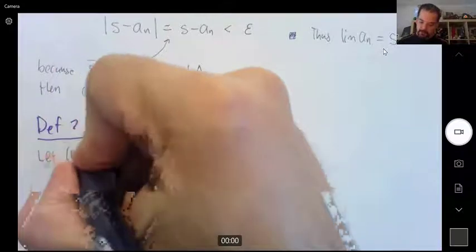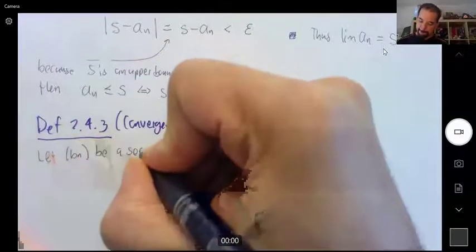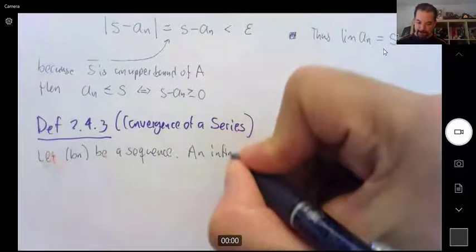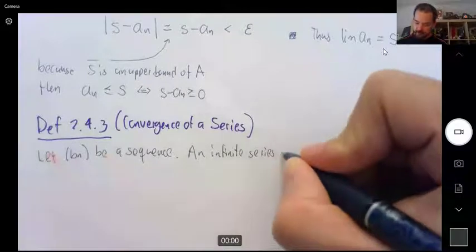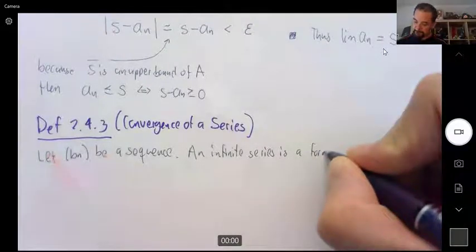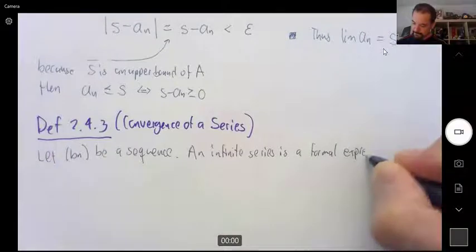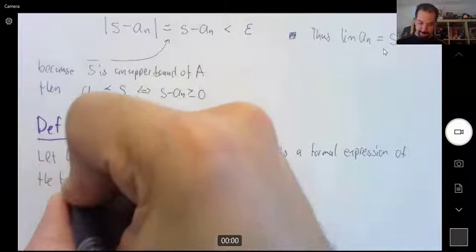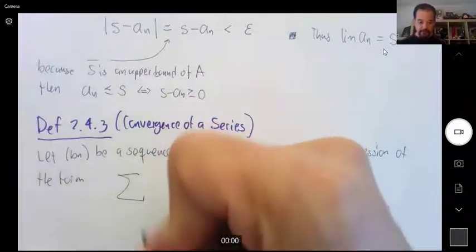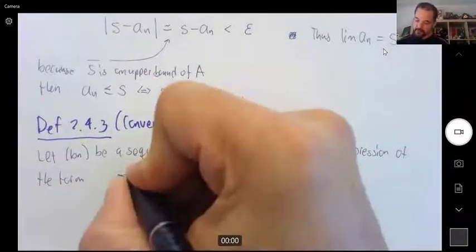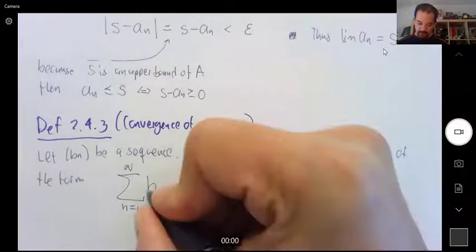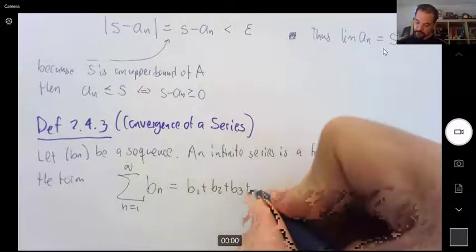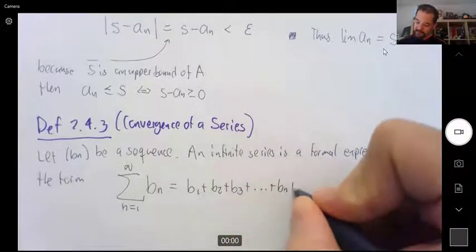Okay, so here we go. Let b_n be a sequence. An infinite sum, an infinite series, is a formal expression of the form capital Greek letter sigma from n equals 1 to infinity of b_n, and it's meant to represent b_1 plus b_2 plus b_3 dot dot dot plus b_n, adding all of them.